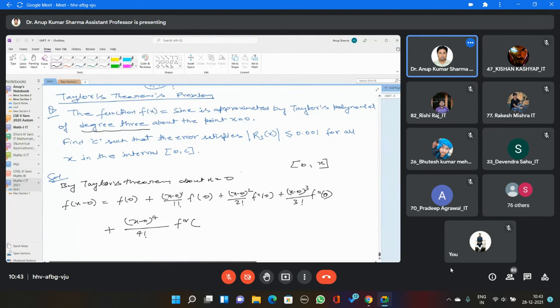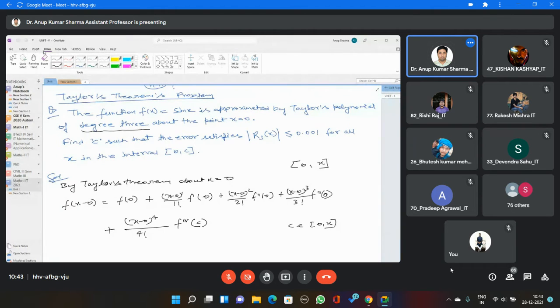What we write, so here we write, okay, error satisfy this one, so we can take here c. Okay, c is what, now for this interval which belongs to 0 to x.